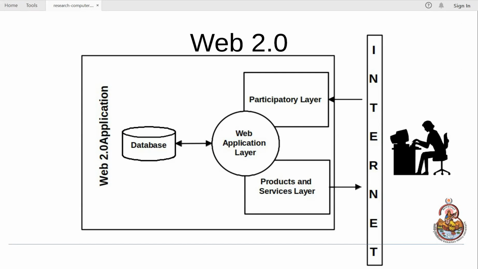So the reflections also I can see. Okay. So it has a wonderful environment. Web 2.0 is a wonderful environment for all of us to utilize in our academic domain.